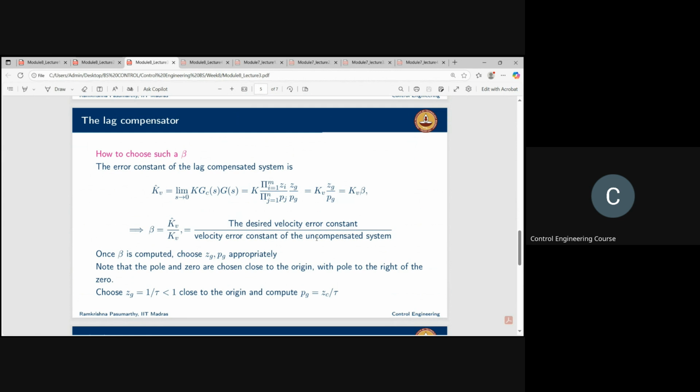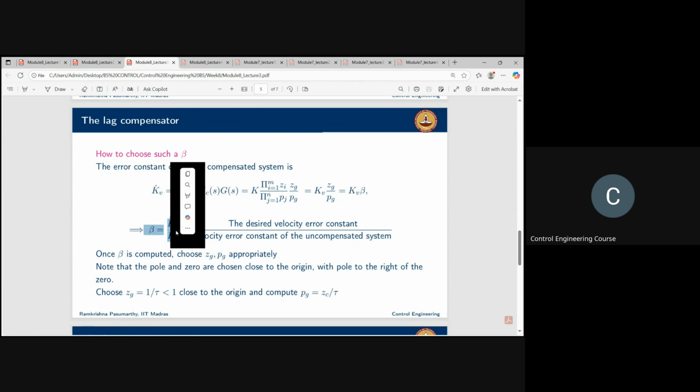So what will you get here? You will get the original Kv of your system multiplied by ZG by PG, which is beta. You want the desired specification of Kv, which is Kv dash. Kv you already have, so based on that you can decide beta, correct?